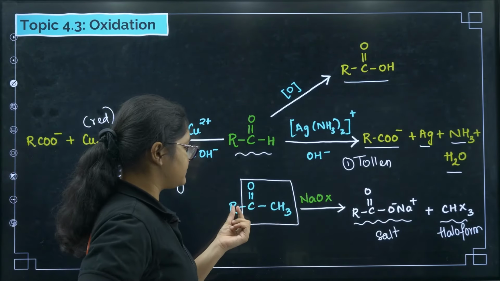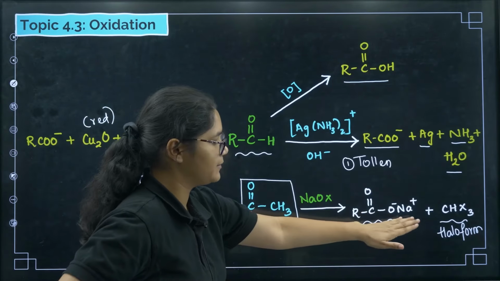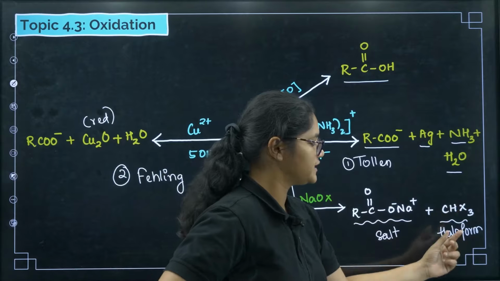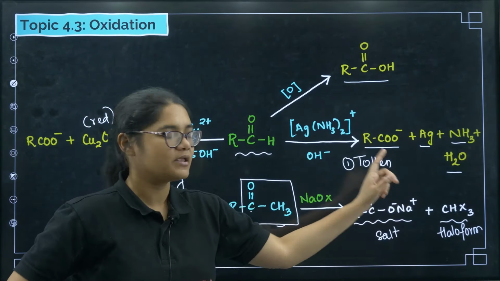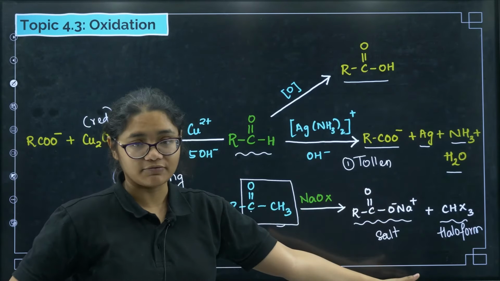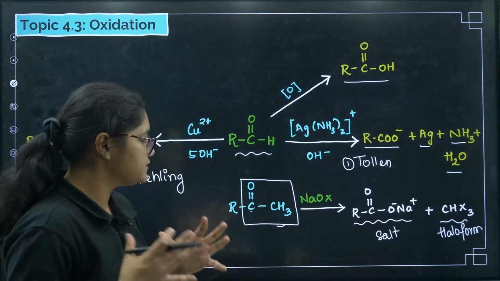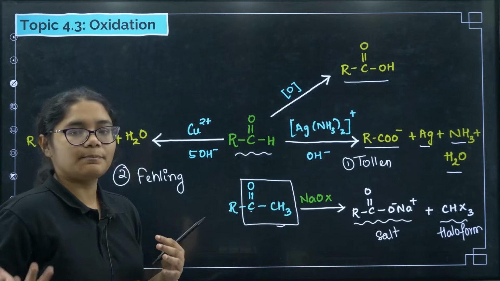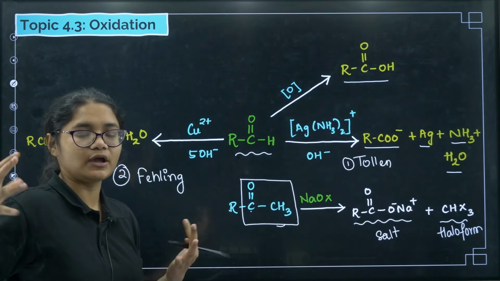In that case RCOO minus Na plus, the salt, is formed, and the CH3 part gets converted to CHX3, which is your haloform. If X is chlorine, that is chloroform, bromine is bromoform, iodine is iodoform. Generally we take iodoform, which is yellow in color. So this way you can differentiate, suppose you have been given propanol and pentan-2-one, pentan-3-one, how will you distinguish?